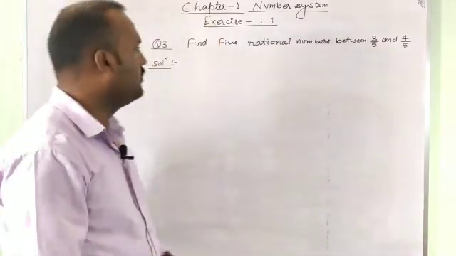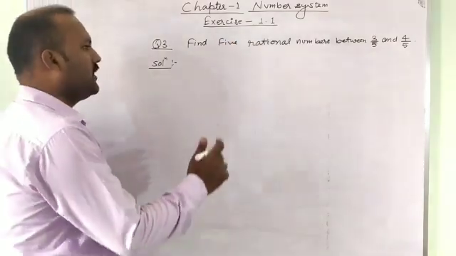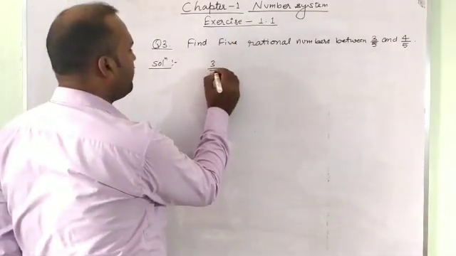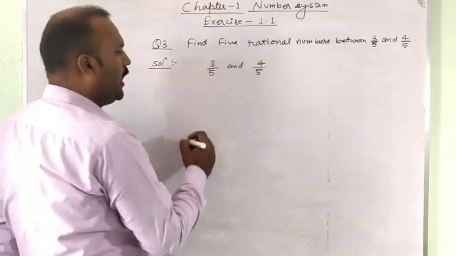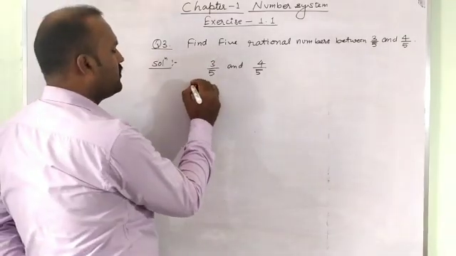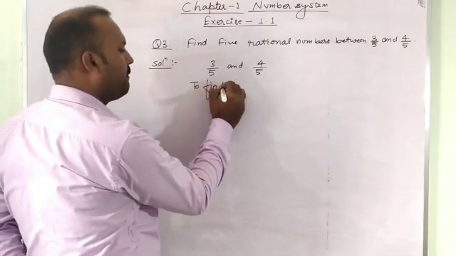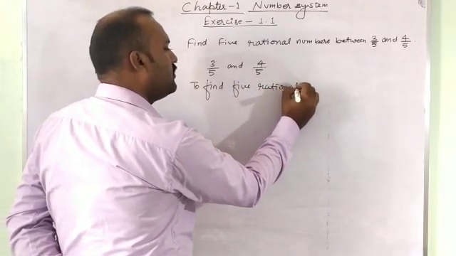In this case, to find the 5 rational numbers, first you have to write these numbers 3/5 and 4/5. How many numbers do we have to insert here? 5 rational numbers.